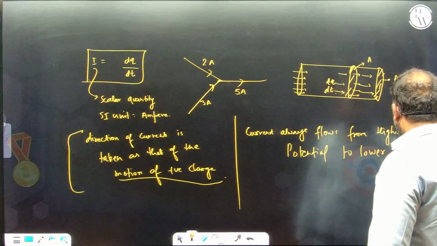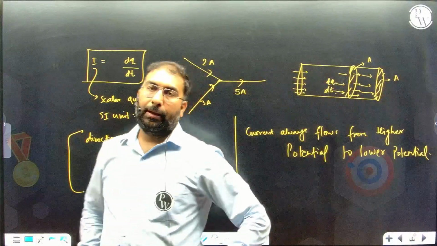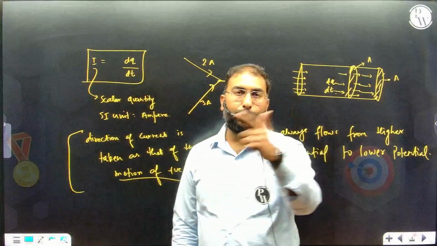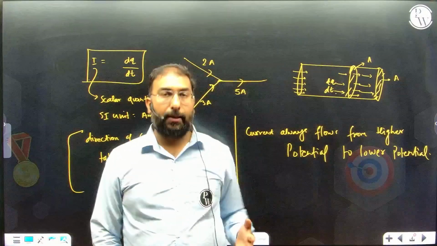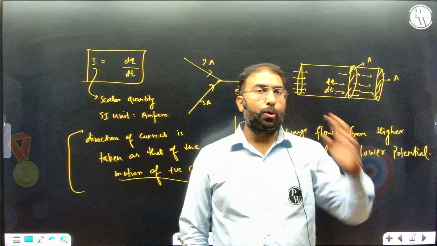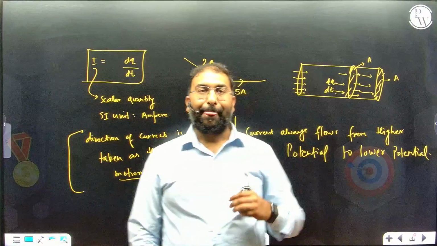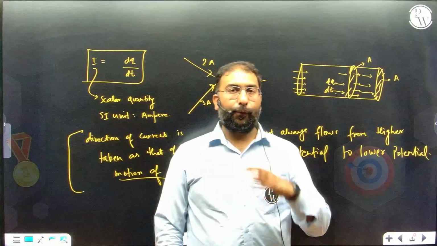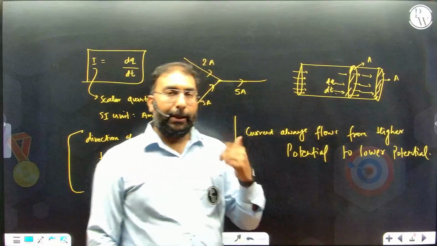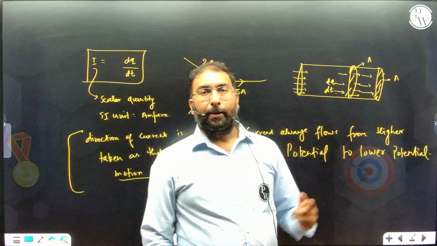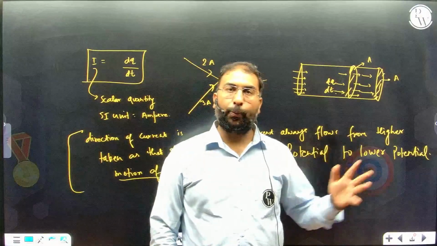And if you have observed in physics, there are some more similar situations, like heat energy always flows from higher temperature to lower temperature. The flow of water is from higher pressure to lower pressure. So water, heat energy, current, they all flow from higher value to lower value. In case of water, it is from higher pressure to lower pressure. Here it is higher potential to lower potential.